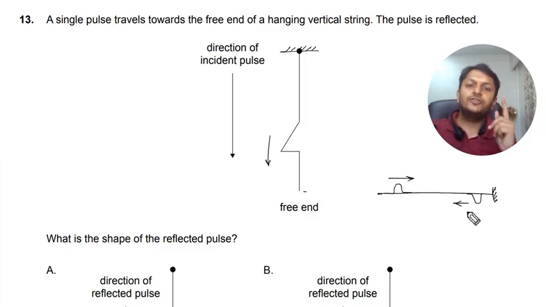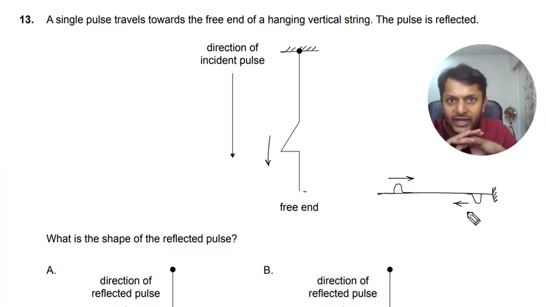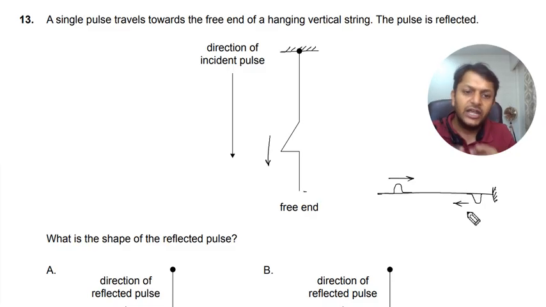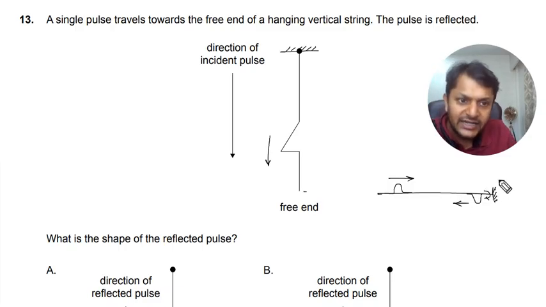One thing that you can note here is that definitely the direction of energy transfer is completely opposite. It was going towards right, now it is definitely going towards left. But one more thing, it is getting inverted. Why? Because it is hitting a rigid support.